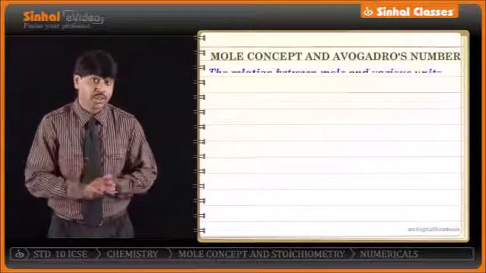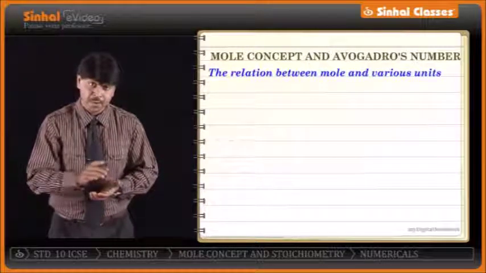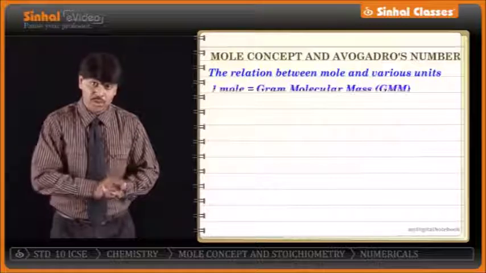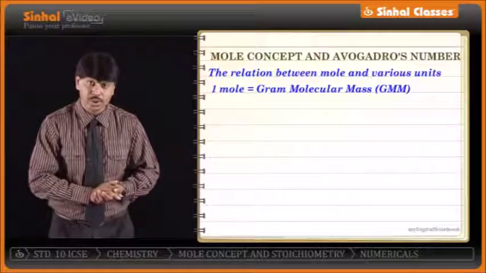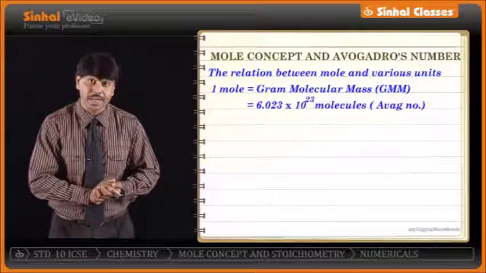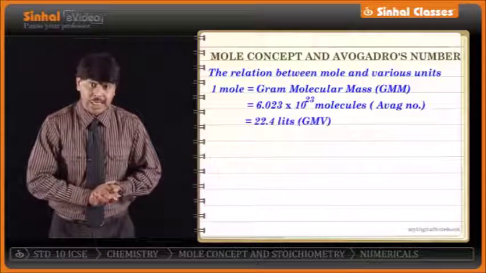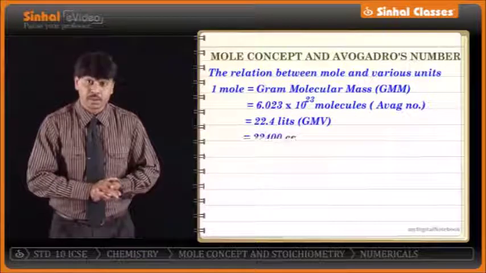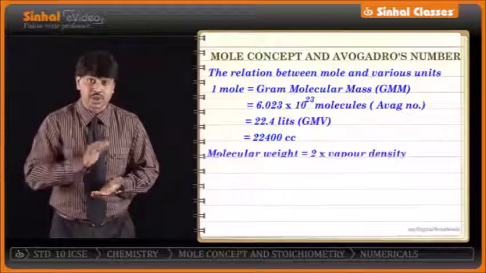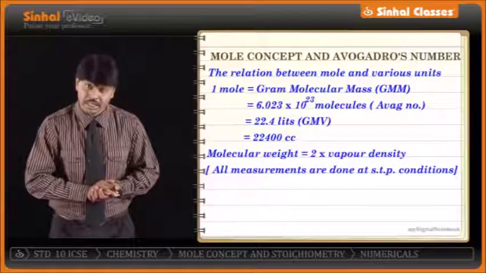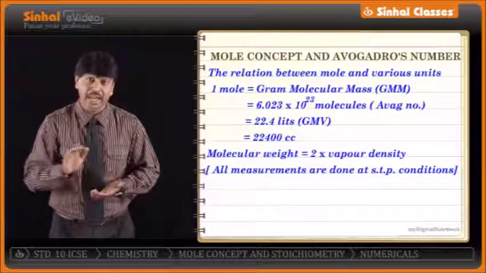We all know the relation between moles and the various units. 1 mole will always correspond to gram molecular weight, which will be equal to 6.023 × 10^23 molecules, which will be equal to 22.4 liters, which is also equal to 22400 cc, that is cubic centimeters, which is also equal to 2 × vapor density at STP. So all these relations are at STP.